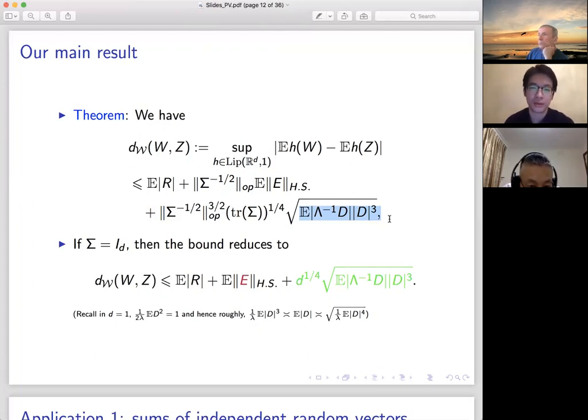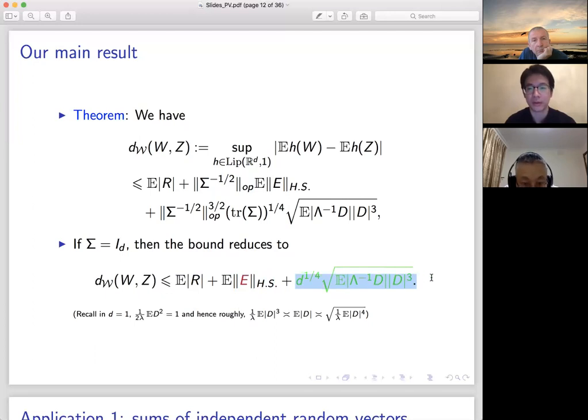It's easier to check the order when we look at the isotropic case where the covariance matrix is the identity matrix. Then these operator norms all become 1, and this trace is d. So we have this d to the power 1/4 times other terms. To compare it with the previous bound, we see that the first two terms are the same.